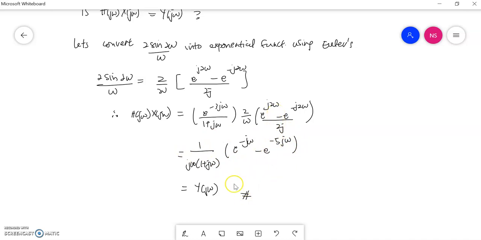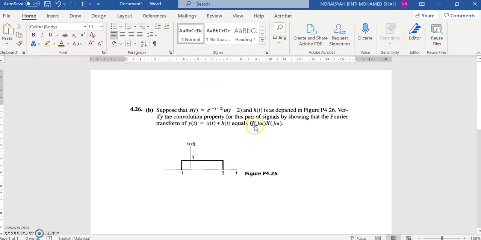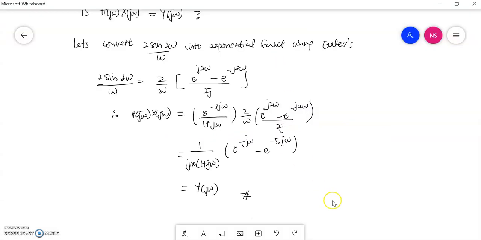Now this is actually equal to Y(j omega). So here we've proven that indeed, from the question, verify the convolution property for this pair of signals by showing that the Fourier transform of y(t) equals H(j omega) and X(j omega). That's done by following the steps I've mentioned before. Okay, thank you.